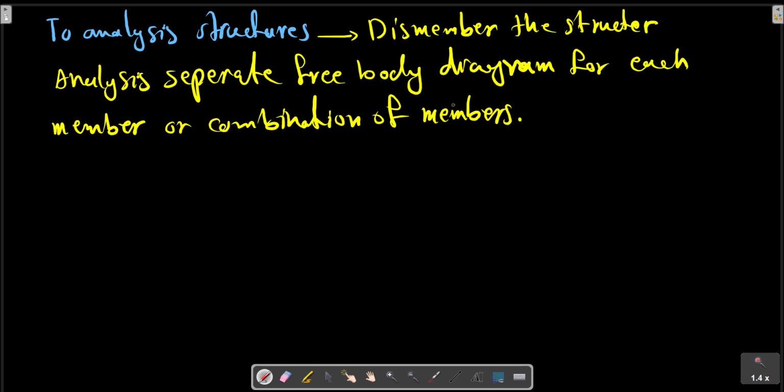The analysis requires careful application of Newton's third law.